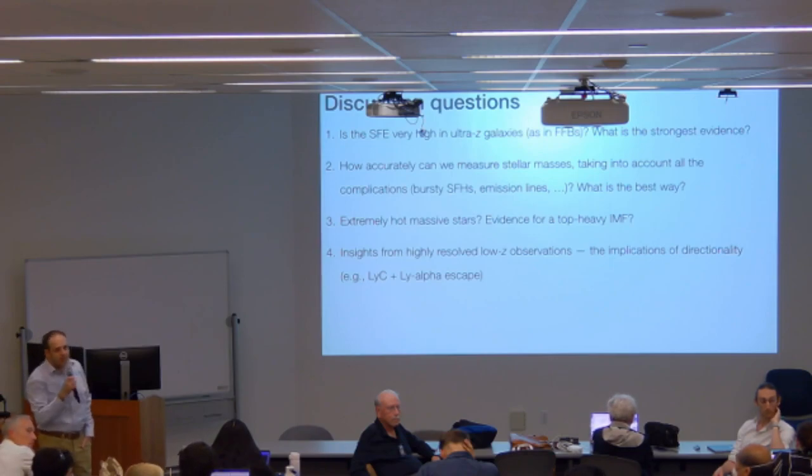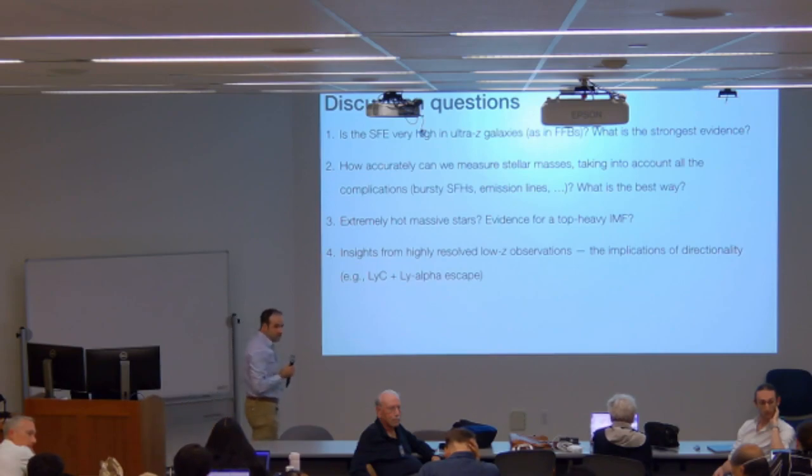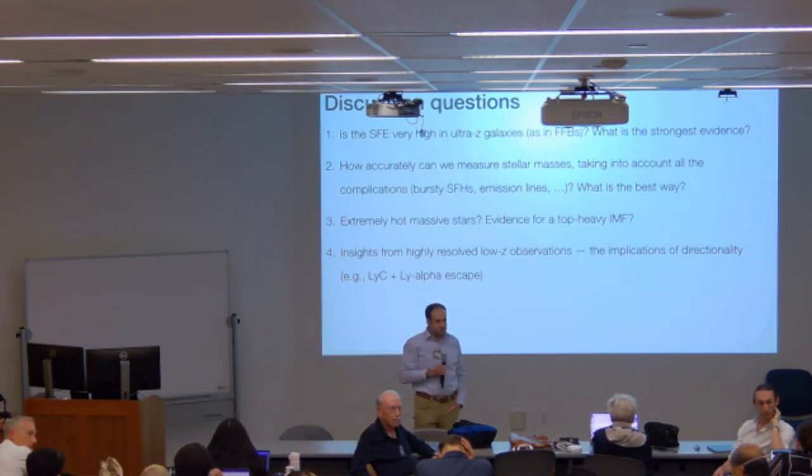Mark, do you have a microphone? Yes, I do. So with respect to local efficiency, global efficiency, and observations, I want to link this to one of the points that Harley made in his talk, which is that for the local efficiency, you have observational diagnostics which are probably not at all related to integrated galaxy-scale things. In the local universe, the best evidence we have that you don't ever see really efficient star formation is the HCN to IR ratio.